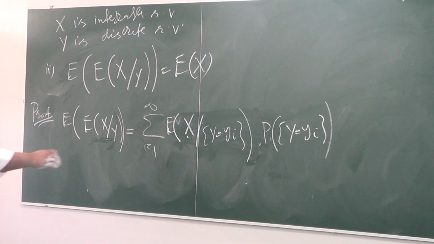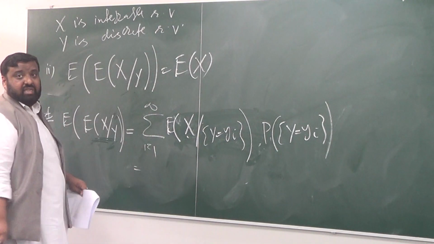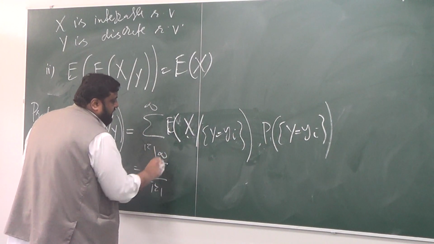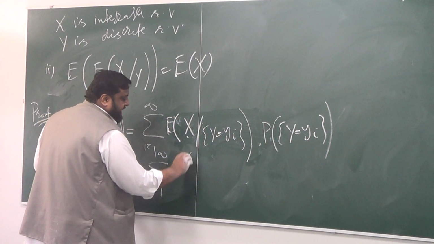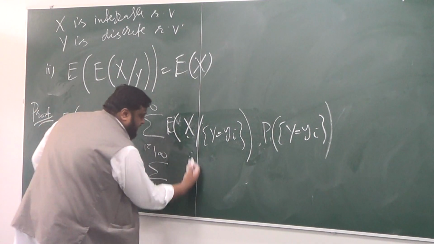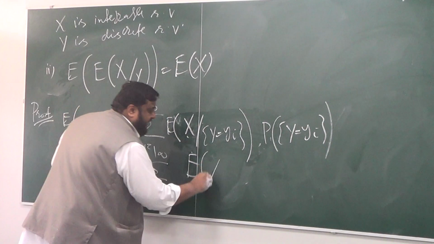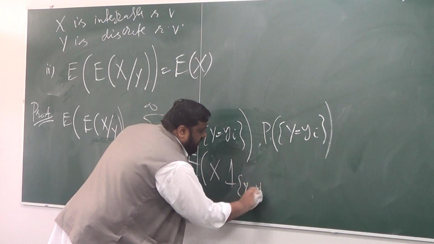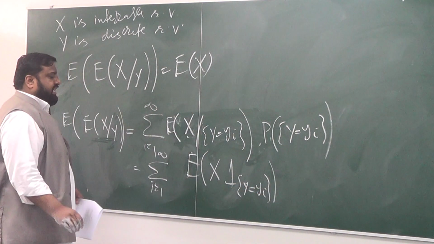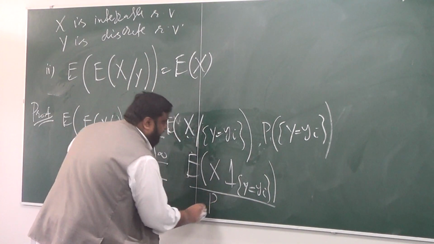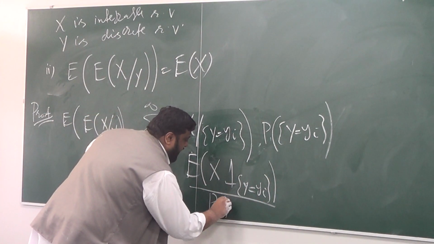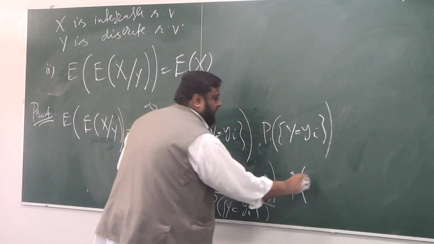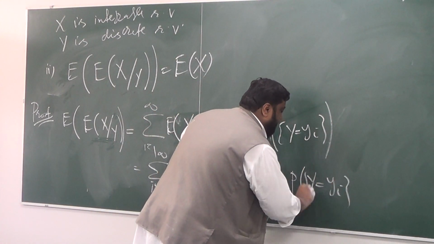And now, what would this be? I have a definition for this. So this is equal to the sum from i equal to 1 to infinity of the expectation of x multiplied by the indicator function of y equal to yi, divided by the probability of y equal to yi, and multiplied by the probability of y equal to yi.